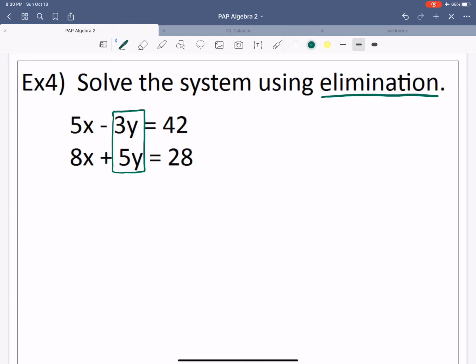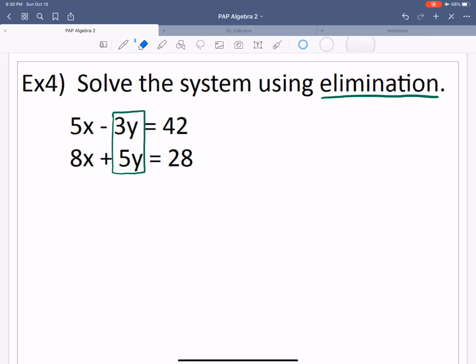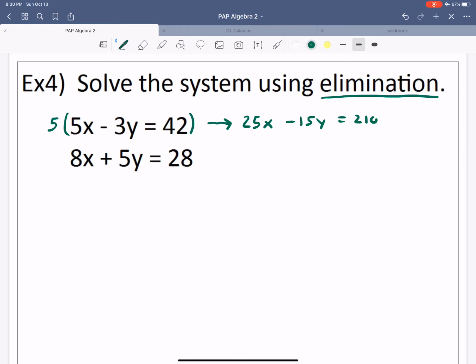So if I've got a 3 and a 5, they would be the same if I can get them to be 15. If you look at the first equation, what should I multiply the first equation by to get the 3y to be 15? The answer is 5. So you're going to rewrite this equation and multiply everything by 5. So that becomes 25x minus 15y equals 210.